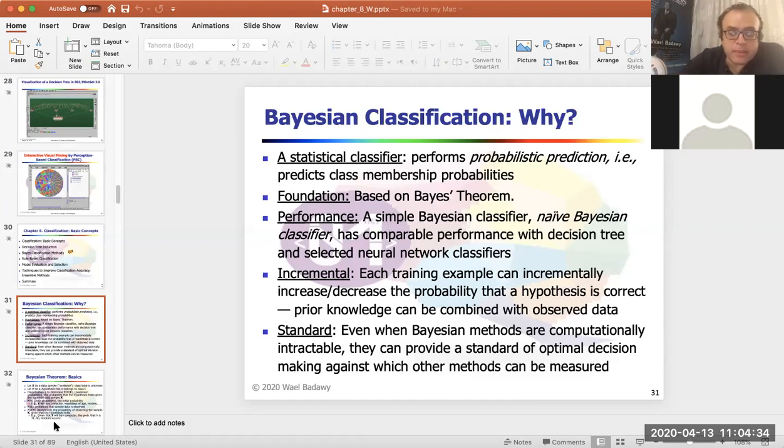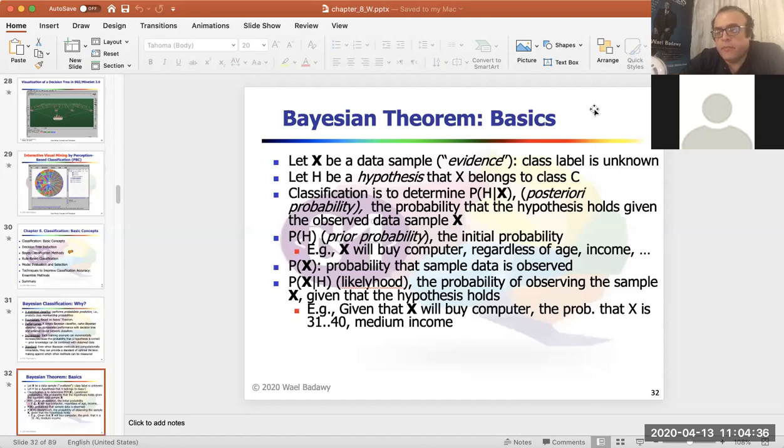Now, coming to Bayesian theory, I believe you had the same lecture in different courses before. Basically, X is a sample or the evidence, or the class of unknown label. H is the hypothesis that X belongs to a class. So the classification is the probability of X belonging to this class. This is a conditional probability: what is the probability of H given X?